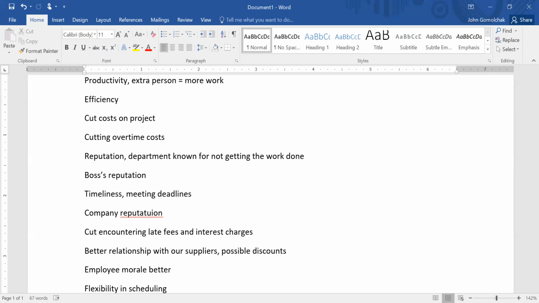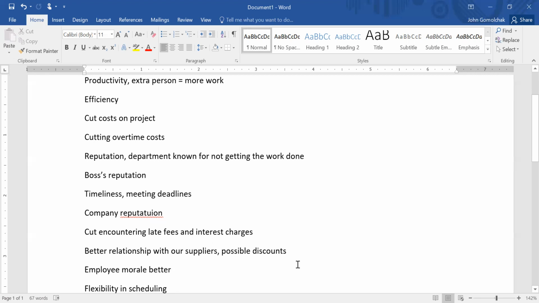Now you're talking about the company is going to start making more money, have more net income because of the fact that you do this. Then hit the fact that there's a possibility that you're going to have discounts. As a matter of fact, once we establish a better reputation with our vendors, it will be possible for the purchasing department to begin negotiating possible discounts because of our good reputation in timely payment of all vendor invoices.